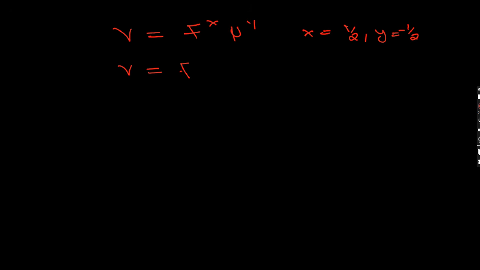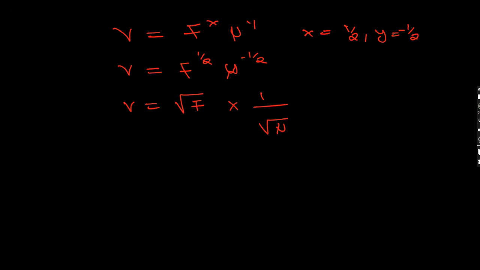So f now to the power half and linear mass density to the power negative half. What I said, when a number is raised to the power half, it is like the square root of f, times, when it's raised to the power negative half, it is 1 over root of that thing.